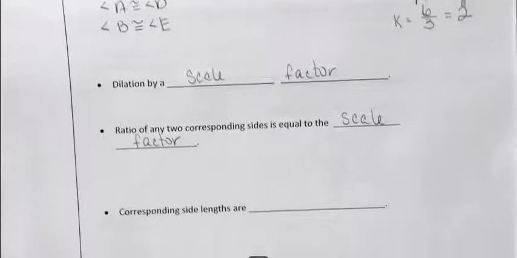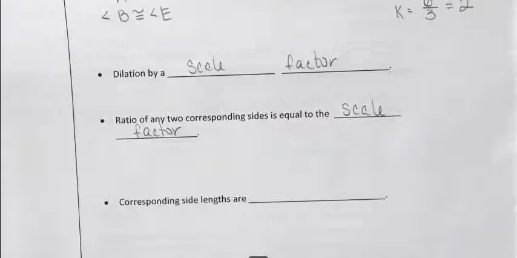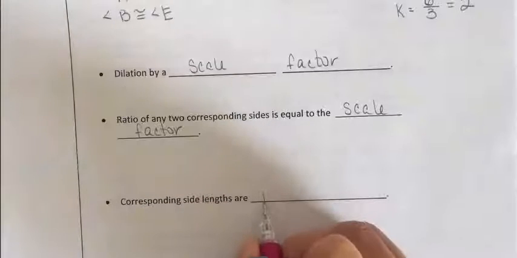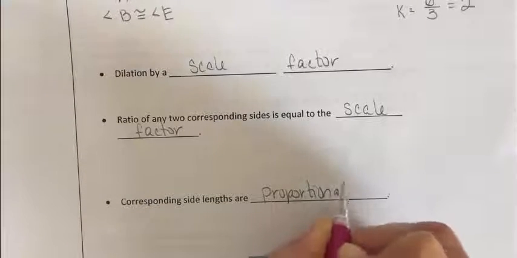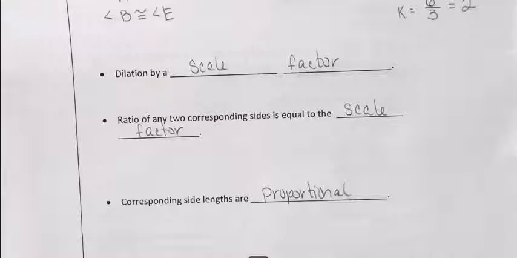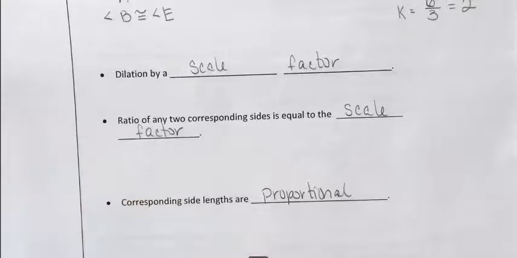Now, the last thing that we talked about on that page is that corresponding side lengths are going to be proportional. So you can basically take any two sides, create a scale factor with them, okay, so write them as a ratio, and then set them equal to another pair of two sides.